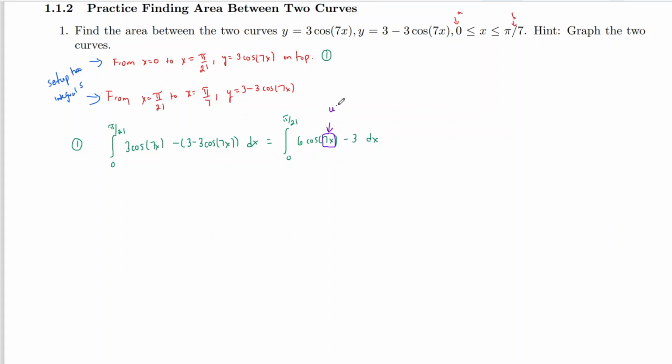But I'm going to have u equals 7x because I do not have a way to represent this otherwise. And then what is du? Well, du is the derivative times dx, and then it's better to solve for dx, so we can just plug it in directly: dx is du divided by 7.